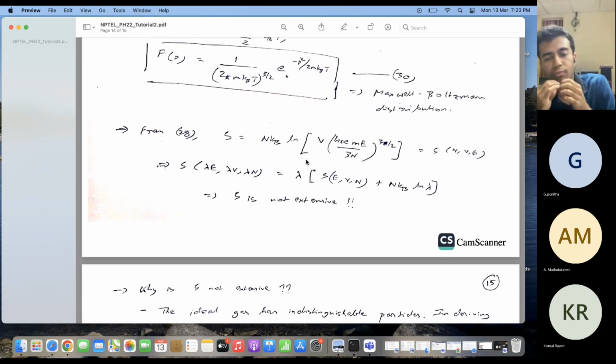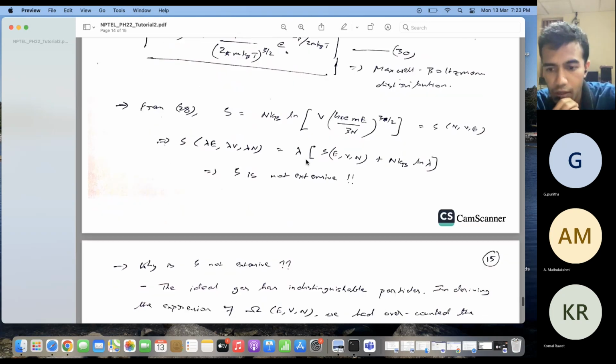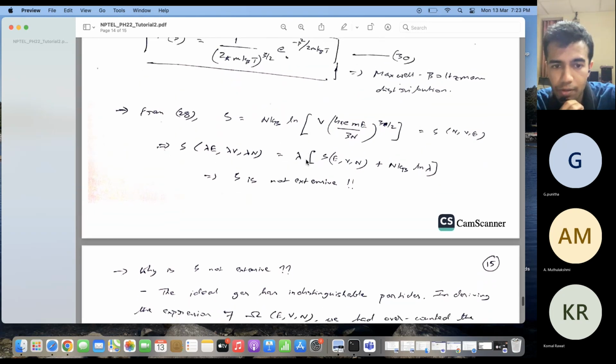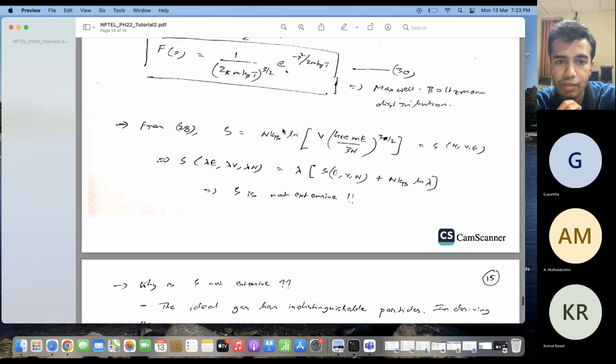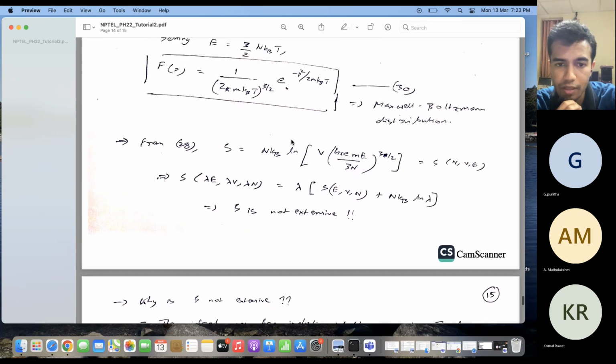So can anybody point out what mistake I have made while deriving the expressions? Yes. Let me repeat the question again. So you know that entropy should be extensive, right? But if I use this expression of entropy over here, I substitute N as lambda N, in place of V I write lambda V, in place of E I write lambda E, and then I calculate the entropy.